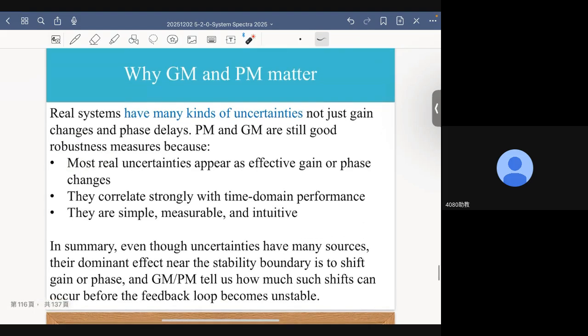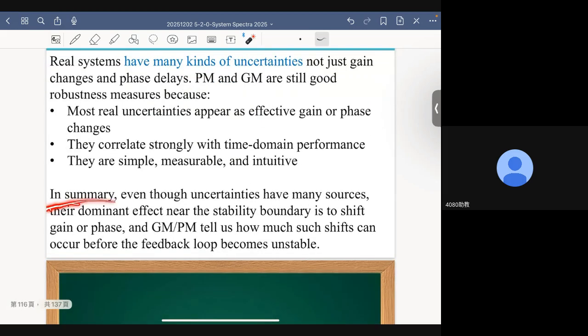Now, the thing is, by definition, when it comes to tolerance, phase margin and gain margin seem to be very limited because one deals with gain variations and the other deals with only phase delays, which correspond to time delay. However, even though uncertainties have many sources, their dominant effect near the stability boundary is to shift the gain and phase.